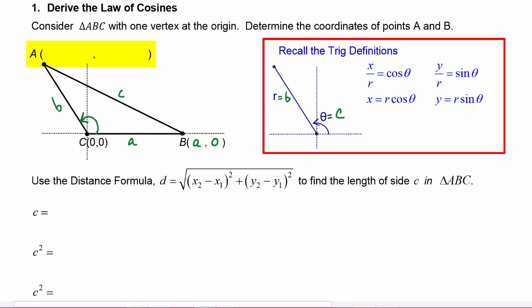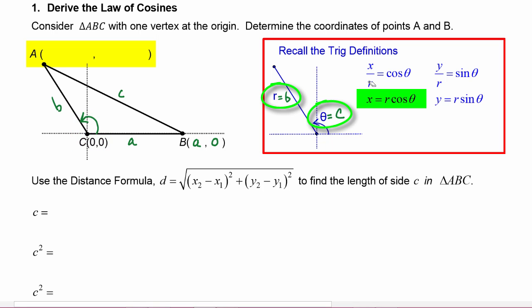Using our trig definitions, x over r is equal to cosine theta, and solving for x, we get x is equal to r cosine theta. Now we make these substitutions. Where there is an r, we substitute b, because that is the side of the triangle, and where there's a theta, we substitute angle C of our triangle.